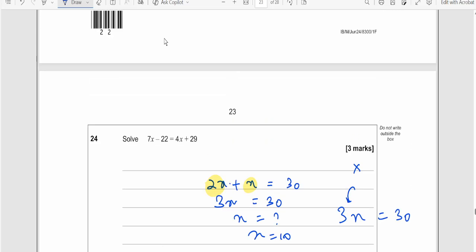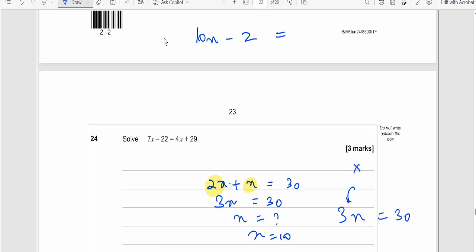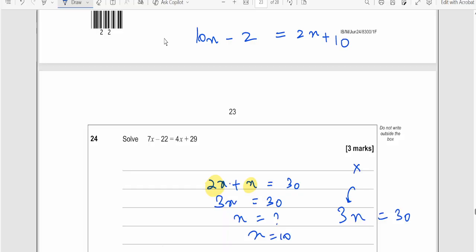Like this type of question, suppose you have, let me use a different number, 10x minus 2 on this side, and on this side you have 2x plus 10. Can you try this? Is that the 10x?